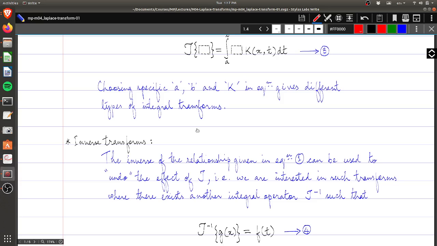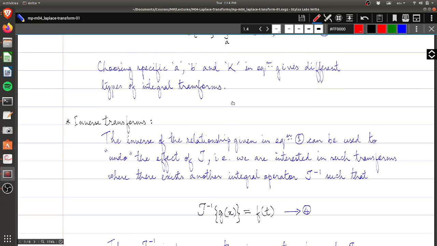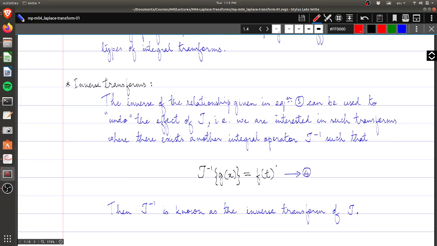So we wrote here g of x is equal to the integral transform of f of t, which means f of t is equal to the inverse integral transform of g of x. T inverse is known as the inverse transform of the original integral transform T. Understood, everyone? Is this clear?